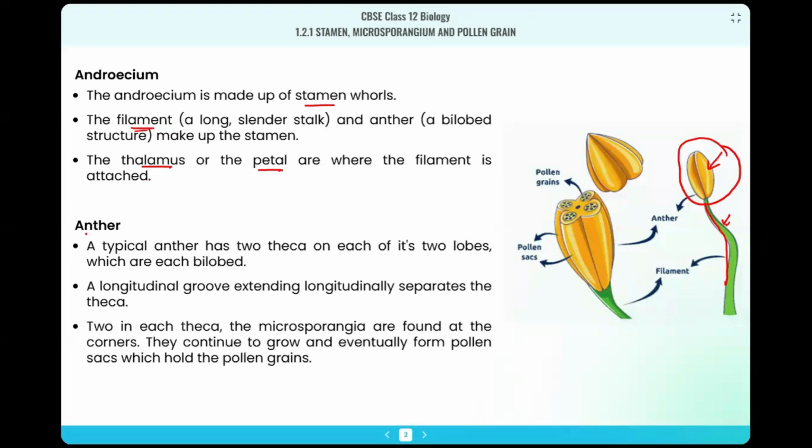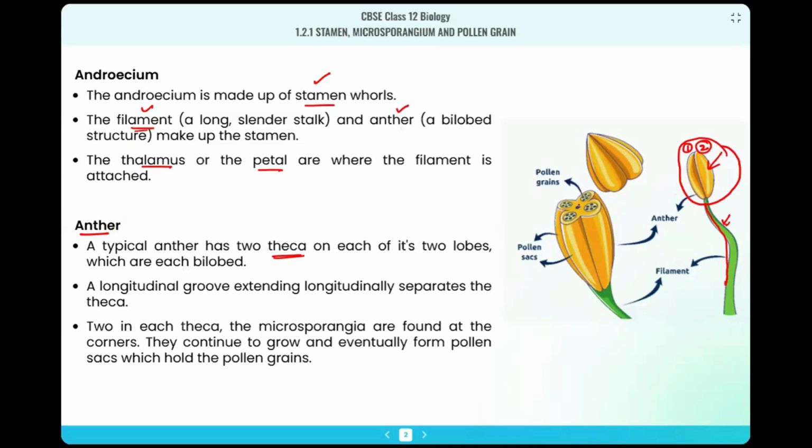Okay, now moving to the anther. Androecium is made up of stamens. Stamen consists of anther and filament. So first let's move to the anther part. A typical anther has two theca. You can see in this diagram there are two theca for this particular anther, and each theca has two lobes, so they are bilobed.